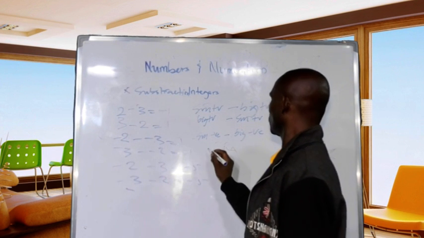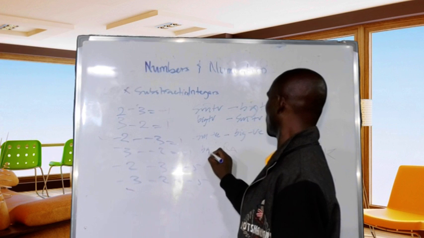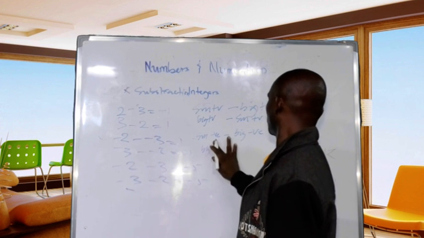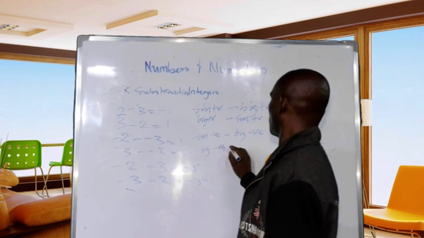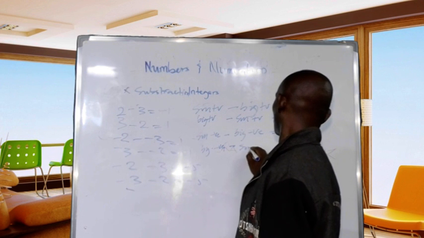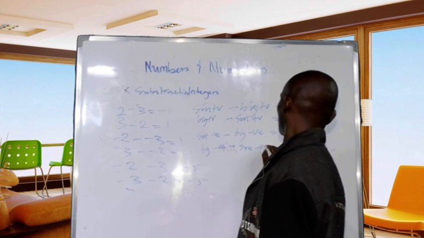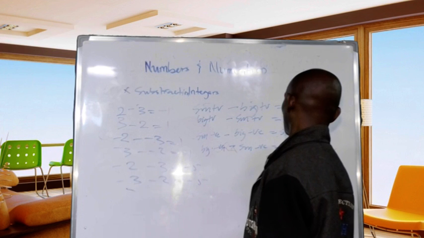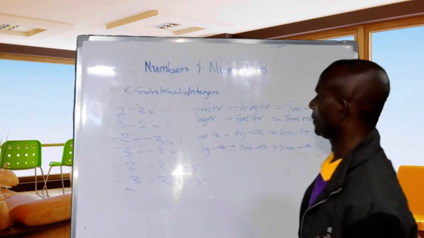Now the other one, the next one says big negative minus small negative is equal to small negative.